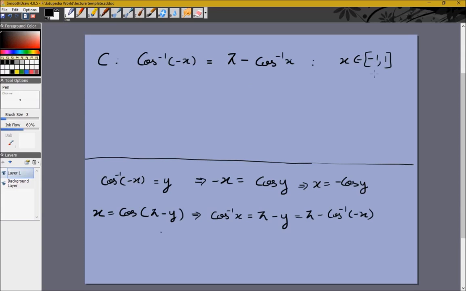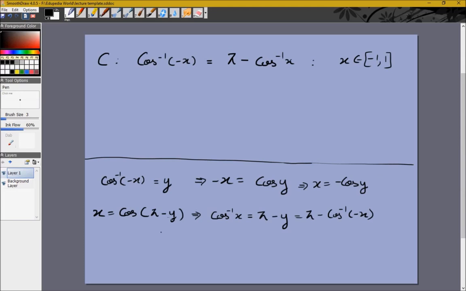Now x is between minus 1 to 1, which means cos inverse of that will have to be between 0 and pi. So that means y is between 0 and pi. Now if y is between 0 and pi, pi minus y is also between 0 and pi. And that's why this thing works, because pi minus y is between 0 and pi. I could have written 3 pi minus y here, but then 3 pi minus y would not be between 0 and pi, so we could not use the standard formulas cos inverse cos x is equal to x.